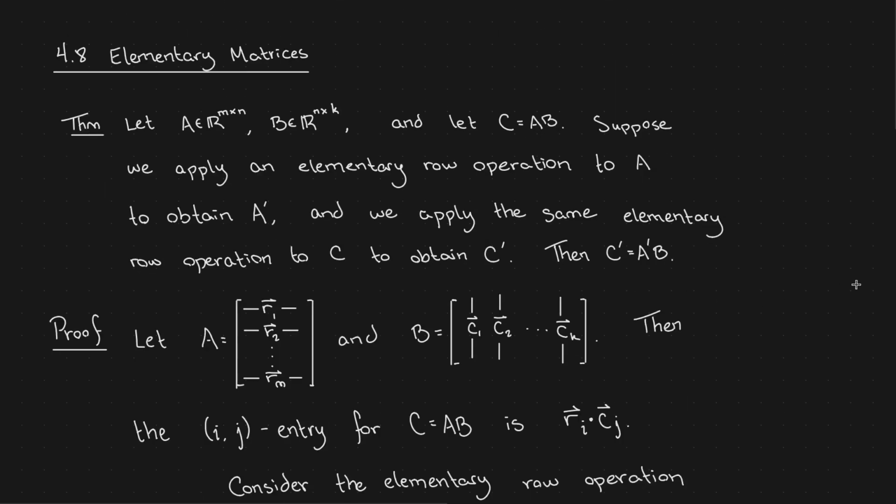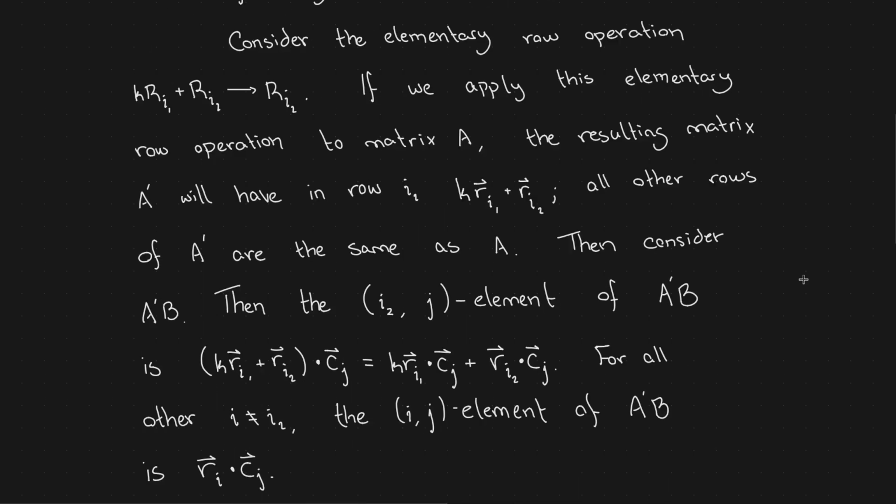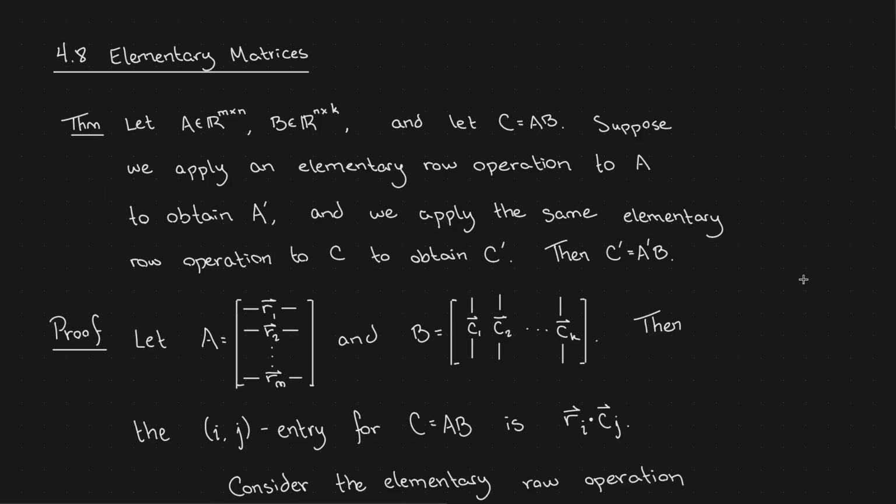Okay, so just to sum up again what we just proved, the proof is a little wordy. It can be hard to follow the wording. Okay, but try to understand the theorem itself. Matrix C is a product of two matrices. What it's saying is it doesn't matter if we apply the elementary row operation to A times B after we multiply them.